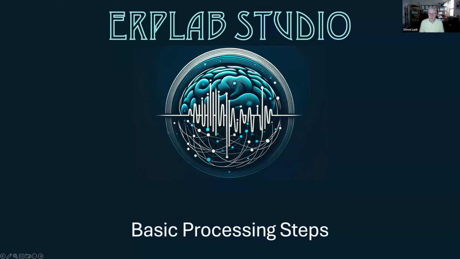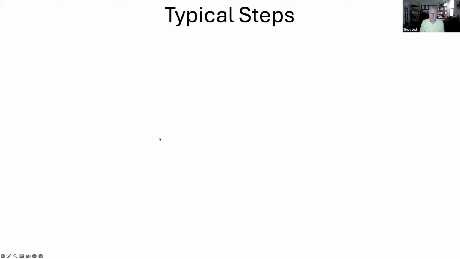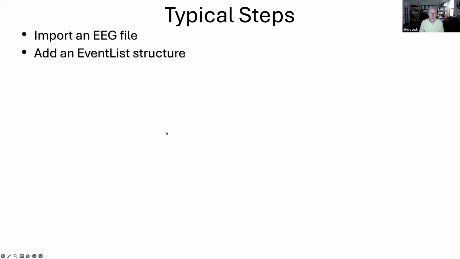Okay, so let's go through some basic processing steps. First, let me just briefly describe what the typical steps are in a very simple analysis pathway. Typically you'll import the EEG file from whatever format your system creates. You'll add an event list structure.